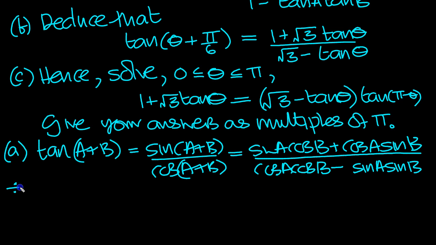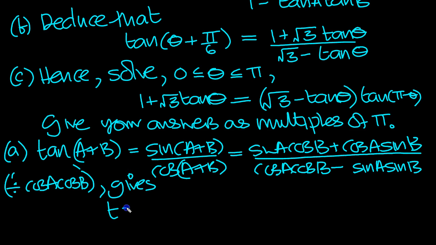Now divide by cos A cos B, isn't it? Top and bottom of the fraction gives tan A plus B then will equal, divide by cos A cos B, the cos B's cancel, we get sine A over sine B. Let's write it out fully.